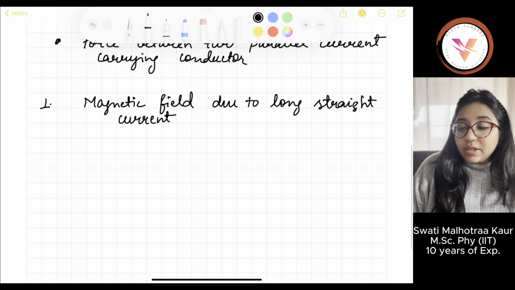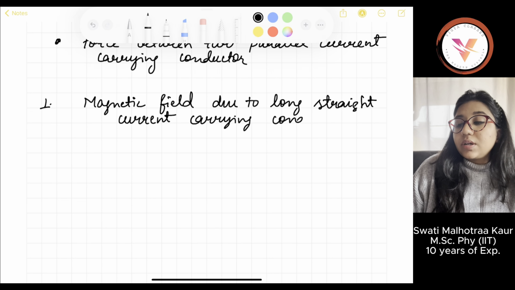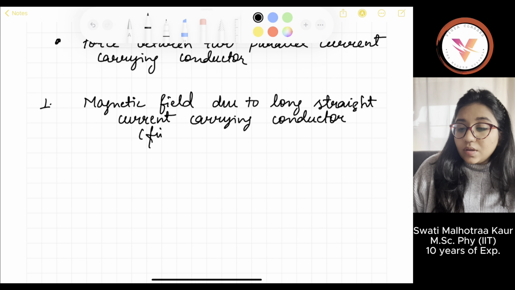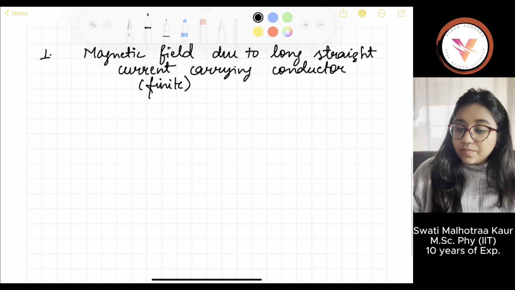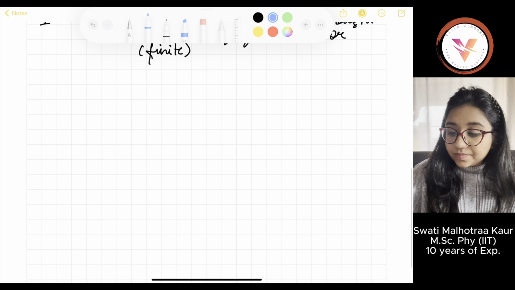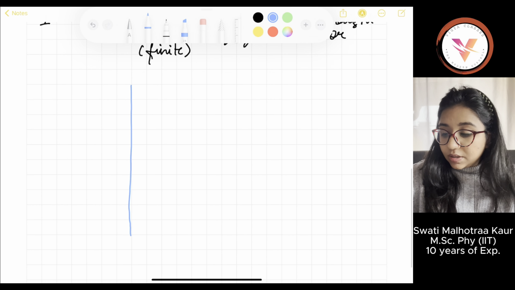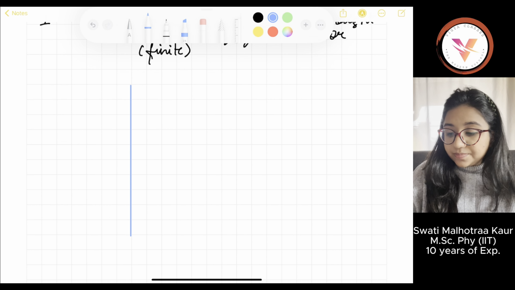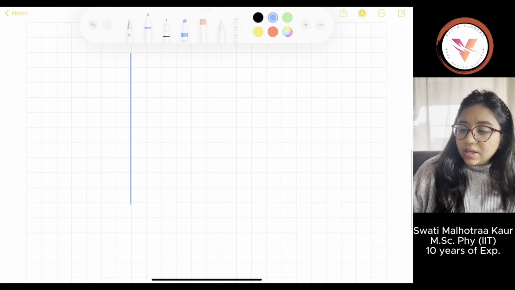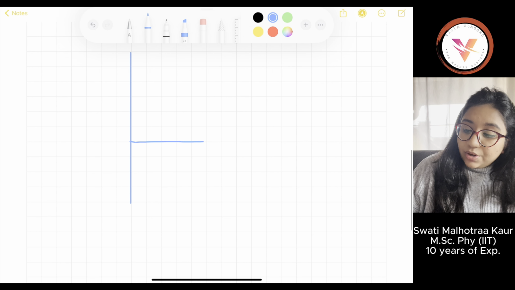So initially we are considering a finite one.